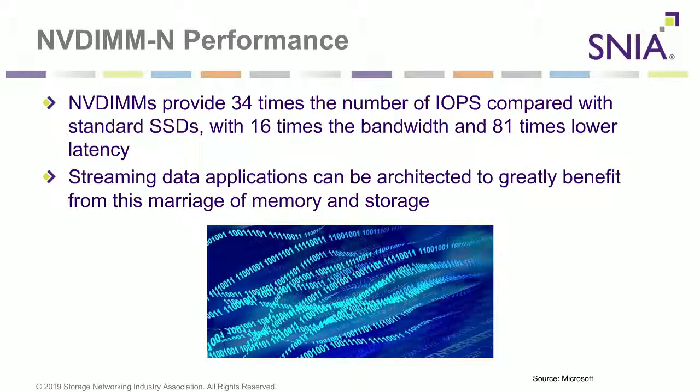Here's a little number on how fast NVDIMMs are. It provides 32 times the number of IOPS compared to a standard SSD, and it is 16 times the bandwidth and 81 times lower latency. Those numbers speak for themselves, right? I mean, how fast the access rate is compared to an SSD that's available in the market.